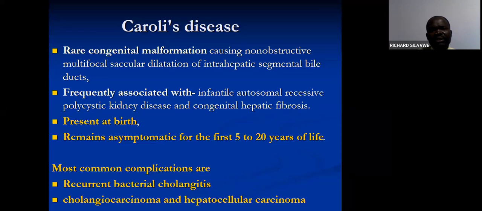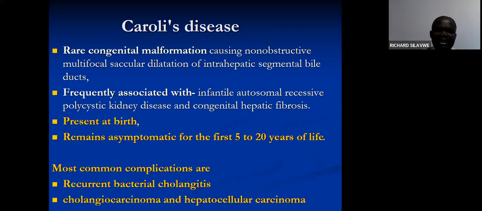So Caroli's disease is a rare congenital malformation causing non-obstructive multifocal circular dilatation of intrahepatic segmental bile ducts, frequently associated with infantile autosomal recessive polycystic kidney disease and congenital hepatic fibrosis. These are normally present at birth and remain asymptomatic for the first 5 to 20 years.